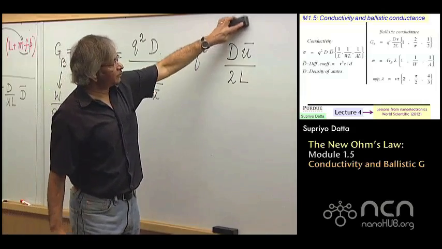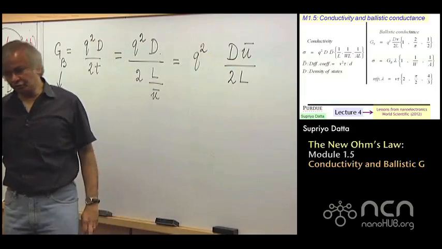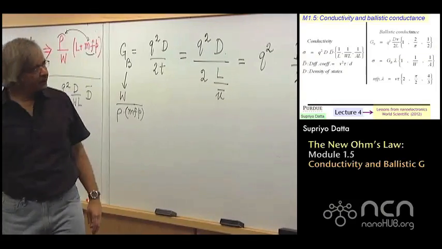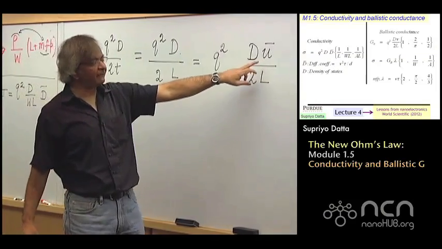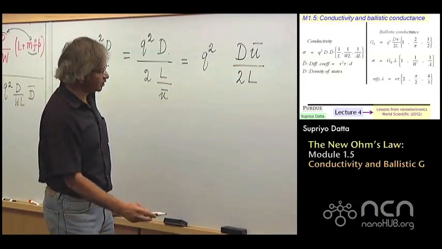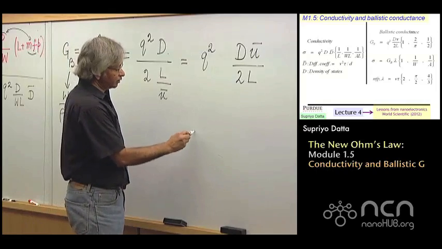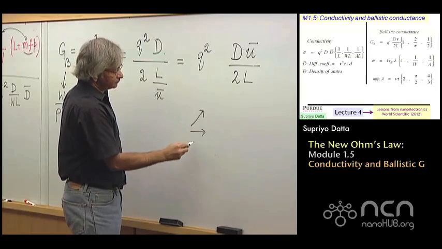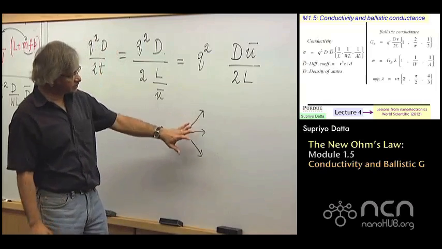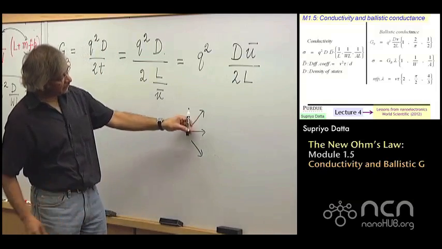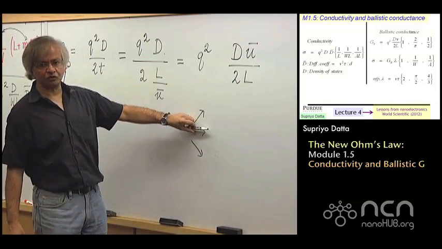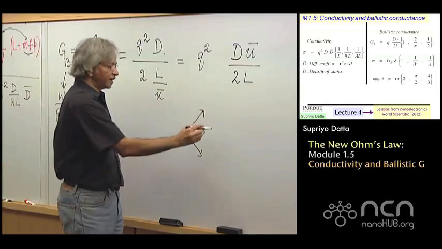And one of the things that I'll go over in the tutorial lectures is how you find this average velocity. As I had mentioned before, in any conductor you have these electrons going off in different directions, and what matters is their velocity in the direction from source to drain, what you might call the z direction.